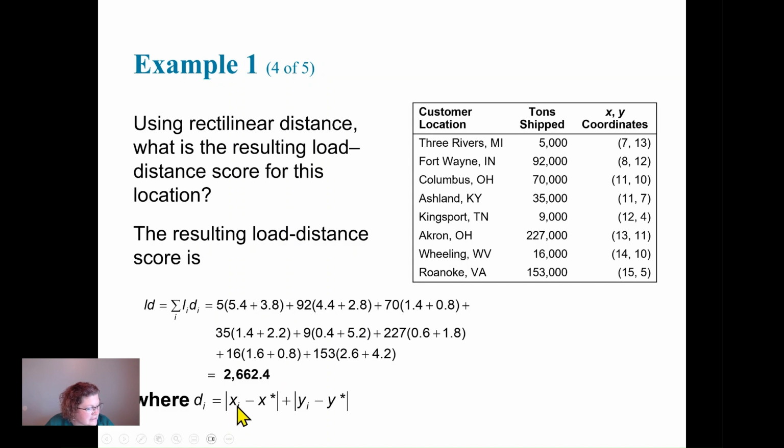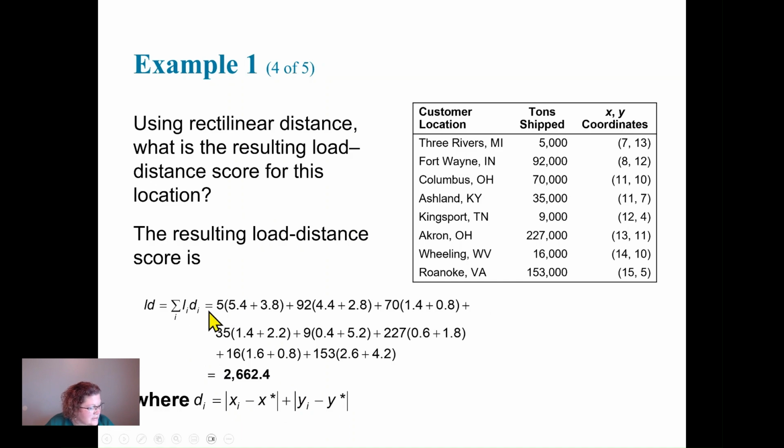So for our distance from Three Rivers, Michigan, we would have 7 minus 12.4 plus 13 minus 9.2. Those are absolute values, so you don't consider the negative. The negative is stripped away, and the total sum is added together.